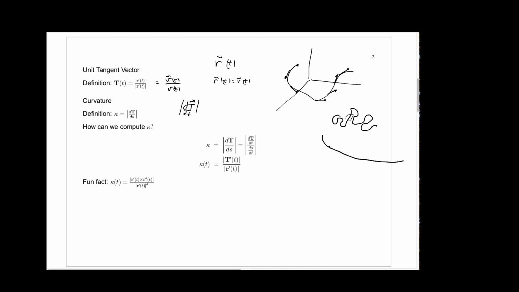But this is pretty abstract. How are we going to compute dT/ds, which will be a vector function, and then take the length of that to give us a numerical value that tells us how curvy it is?